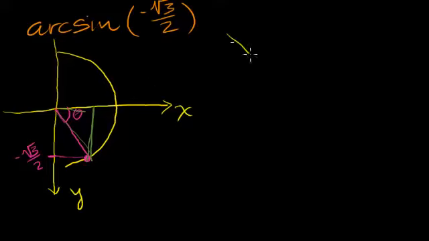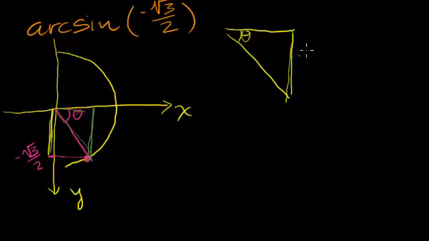So let me zoom up that triangle like that. This is theta. And what's this length right here? Well, that's the same as the y height, which is square root of 3 over 2. It's a minus because we're going down, but let's just figure out this angle, and we know it's a negative angle. So when you see square root of 3 over 2, hopefully you recognize, hey, this is a 30, 60, 90 triangle.